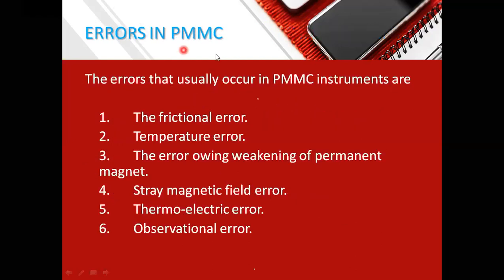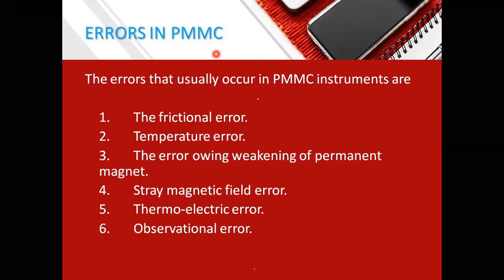Coming to the errors in permanent magnet moving coil instrument, the errors that usually occur are frictional errors. So, this error reason should be friction, so it is named as frictional error.